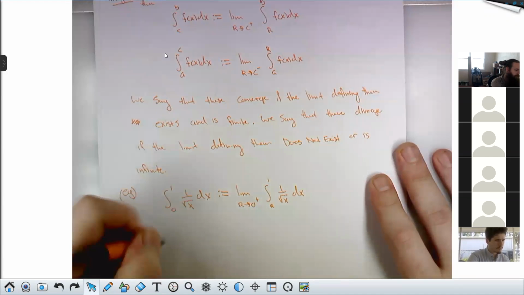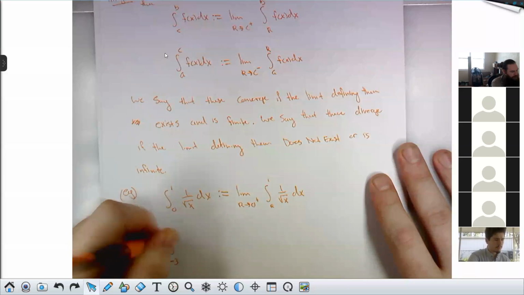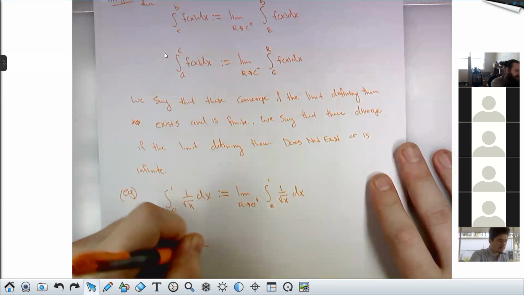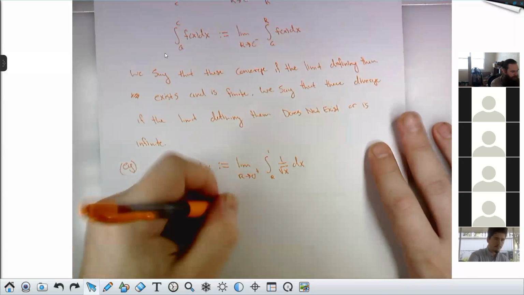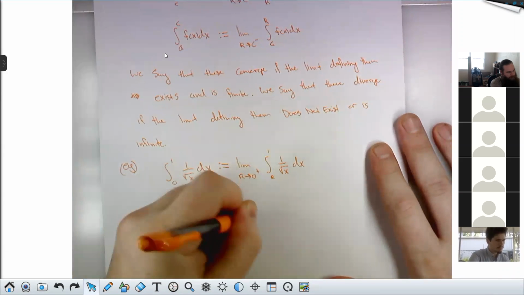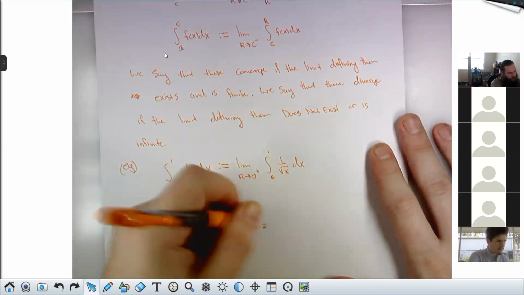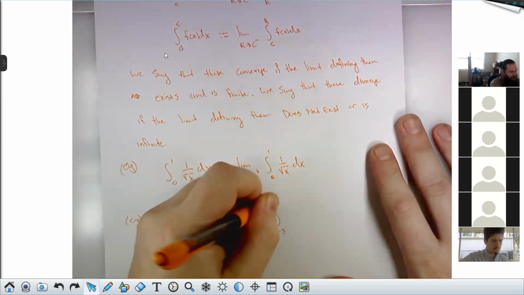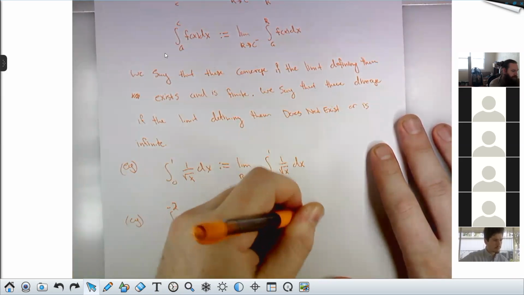Or the integral from -3 to -2 of 1 over x plus 2 dx. This would be the limit as r goes to -2 from the left, integral -3 to r of 1 over x plus 2 dx.